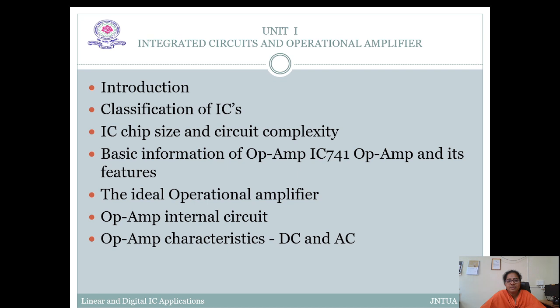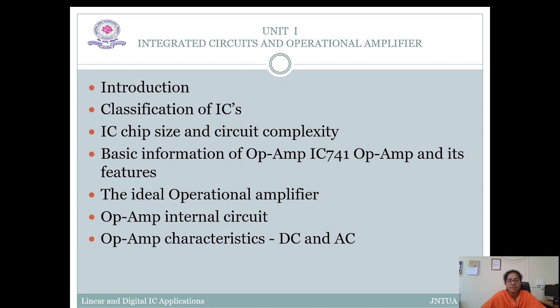Now we'll see what contents are there in Unit 1. We should know what an IC is, the classifications of ICs, how the IC chip size and complexity vary, and the information of a basic IC. The linear IC we are talking about is the 741, which is the best example of a linear IC.